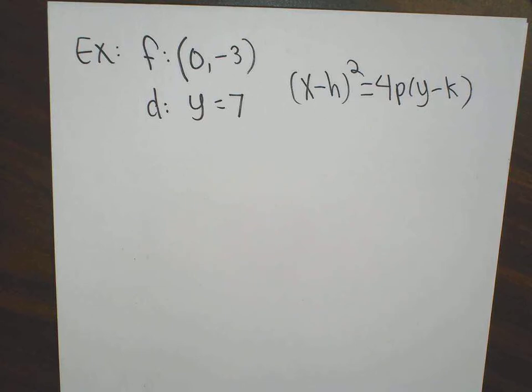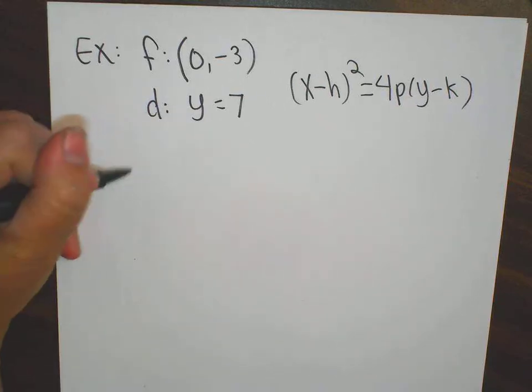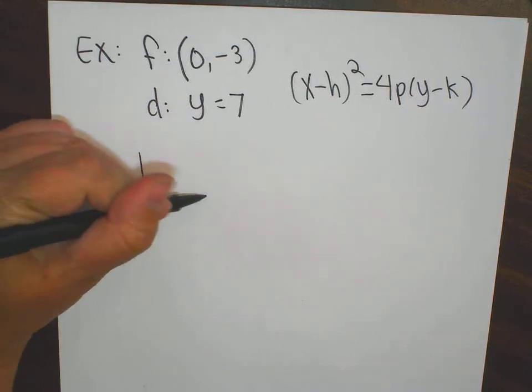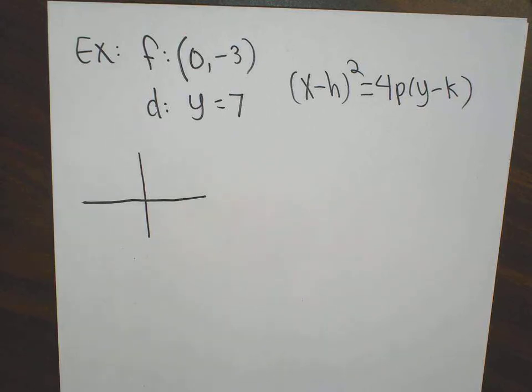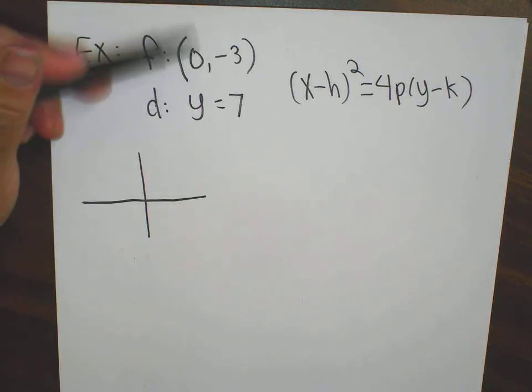There's several different ways that we could go about this. We could do a sketch and think about it graphically, or we could think about which coordinate's changing and find the length of p. Which way do you guys want to try it first? Okay, so let's look at a graph. If I were to sketch the information that I have, make sure that you go the right way.